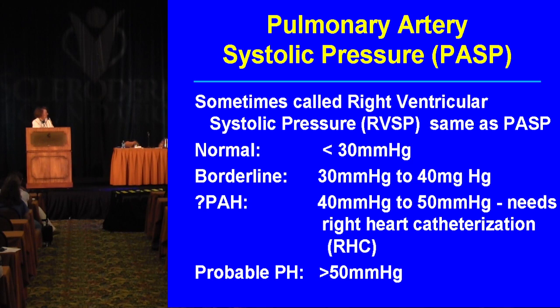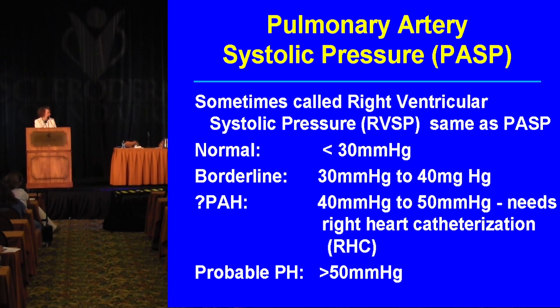So when you get an echocardiogram, they measure this pulmonary artery systolic pressure, PASP here. Sometimes it's called the right ventricular systolic pressure because it's the right ventricle type of measurement there. And normal is less than 30 millimeters.